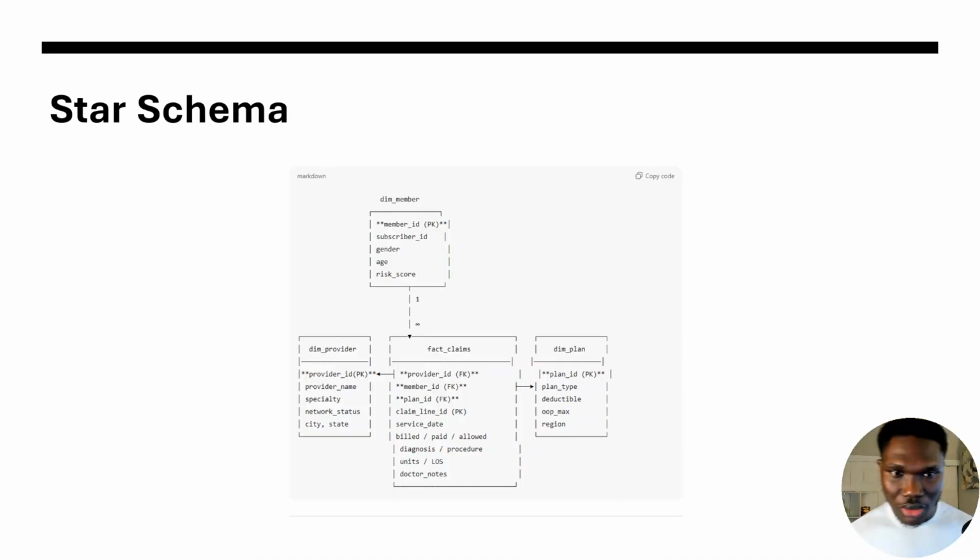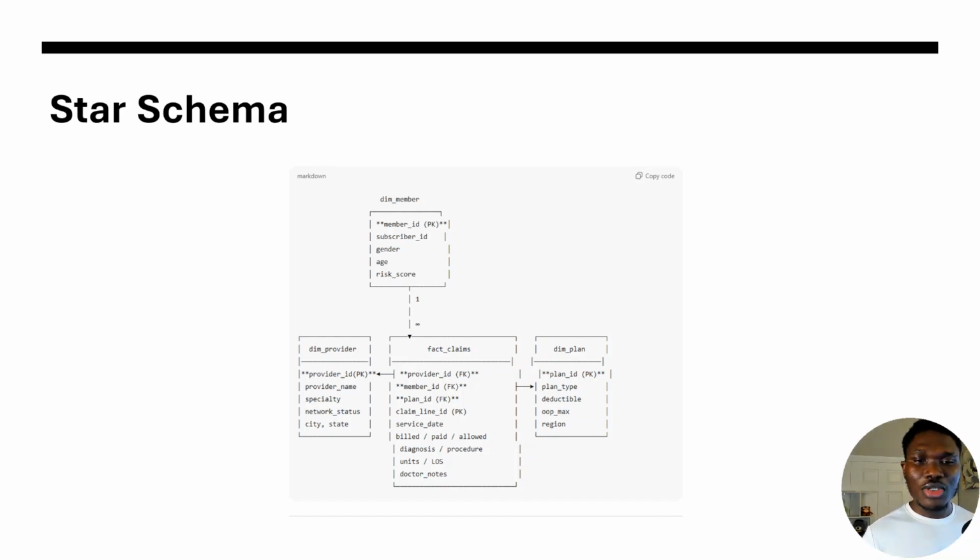In an ideal world, a member will go to the doctor multiple times, right? So let me show you why a star schema is a good option. A member goes to the provider and makes a claim 10 times.